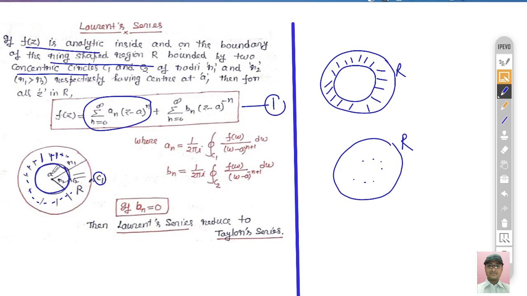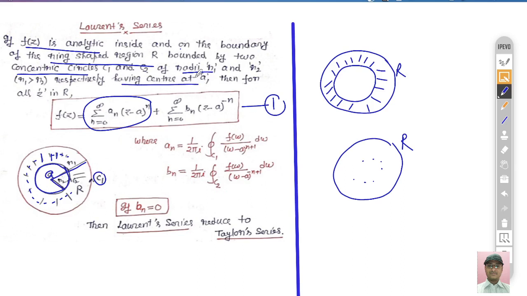Since at z is equal to a it is not analytic, we can still expand in terms of power series, right? The radius of the circle C1 is R1, and R2 is the radius of the second circle C2, right? The center is A for both of the circles, right?